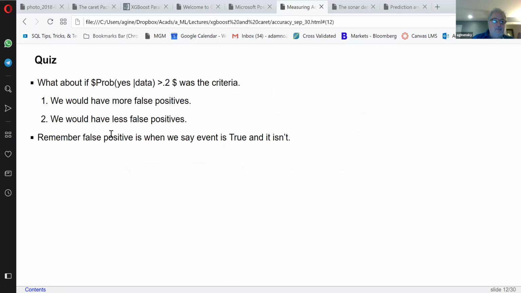All right. So it's a little thought experiment. If we use as a criteria that the probability of something being true is greater than 0.2, would we have more false positives or less false positives? And remember, false positive means that we say something is true even though it isn't. So what do we think here? Is it 1 or 2?